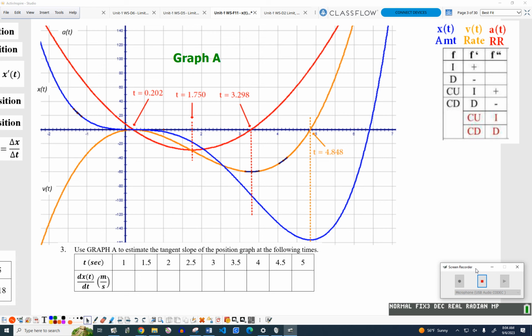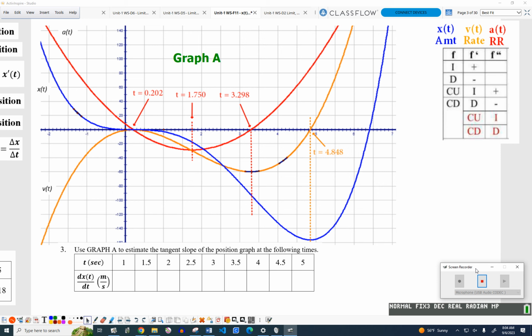Anybody else? And this same rule applies for orange, for acceleration? For the red? Like the slope of velocity will always be equivalent to the... Correct. I believe I said last time that once you understand how the position relates to the velocity, you really don't have to learn anything new. The velocity relates to the acceleration in exactly the same way.